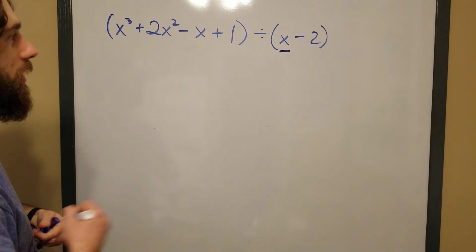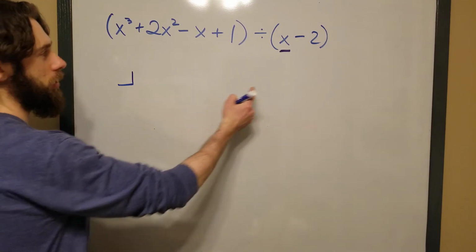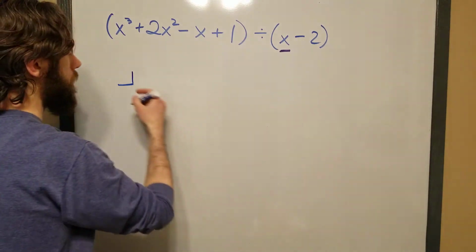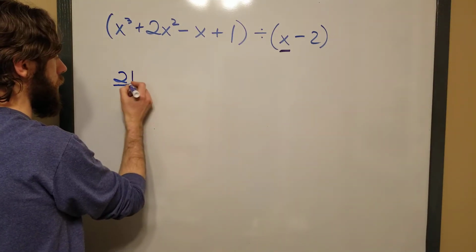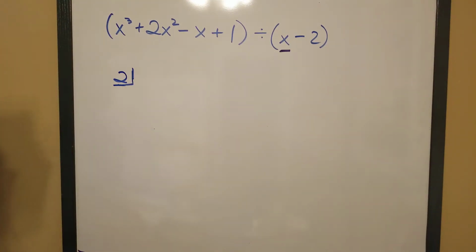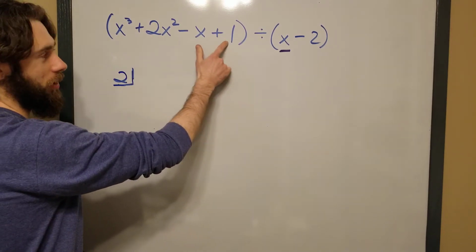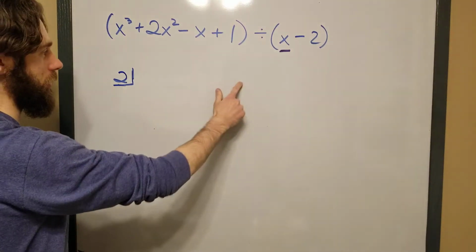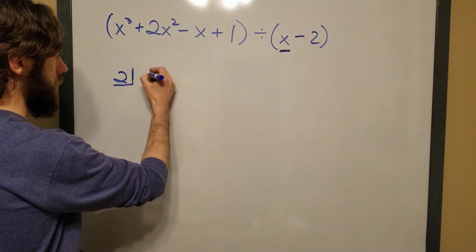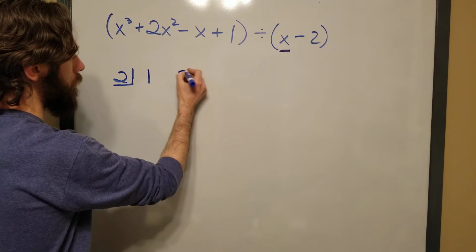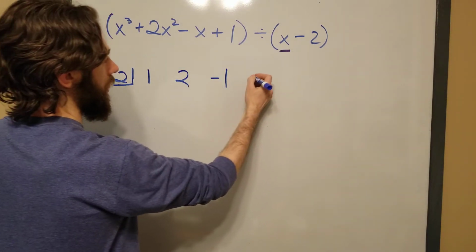So to do synthetic division, we take our number here and then we flip the sign. So put a 2 in the little box there. And then we're going to list all of the coefficients of the thing we're dividing right here. So we have a 1 for the x cubed, positive 2, minus 1 for the x, and a positive 1.